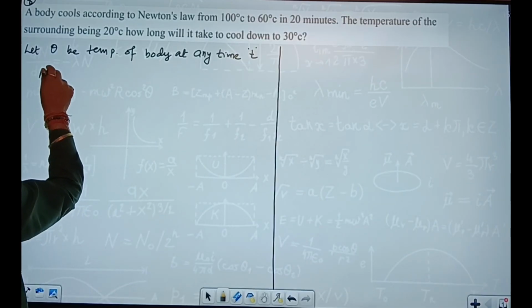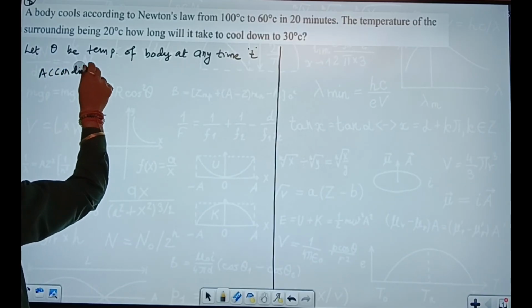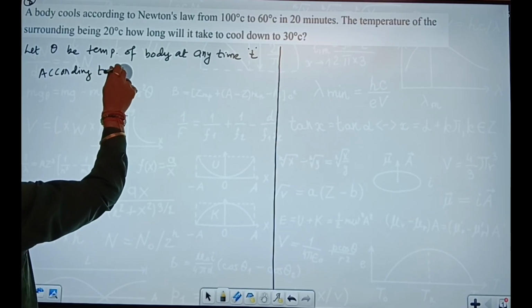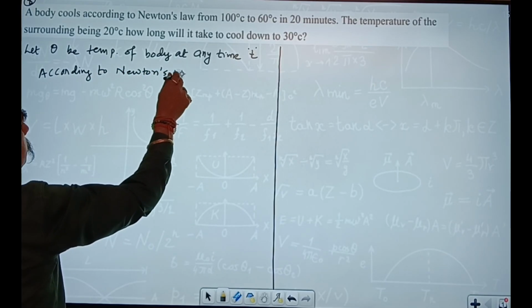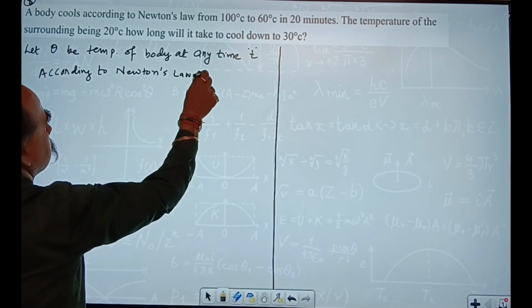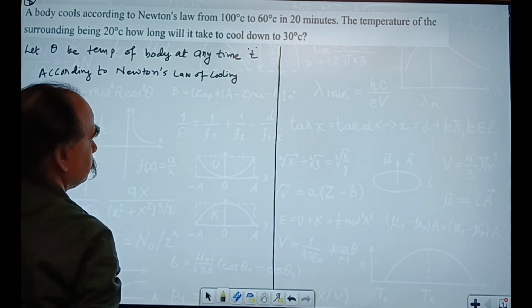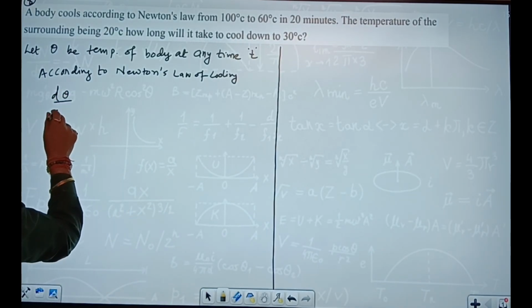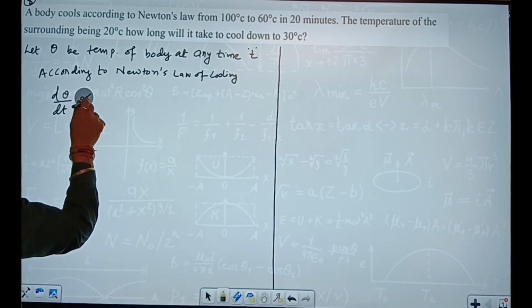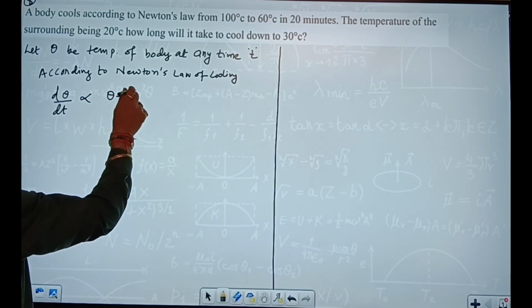According to Newton's law of cooling, d theta by dt is proportional to theta minus theta naught.